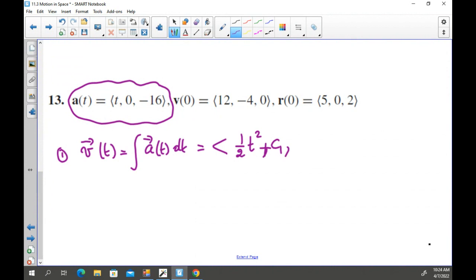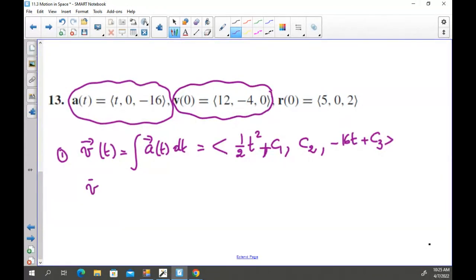And then the integral of the constant c, and then minus 16 plus c3.